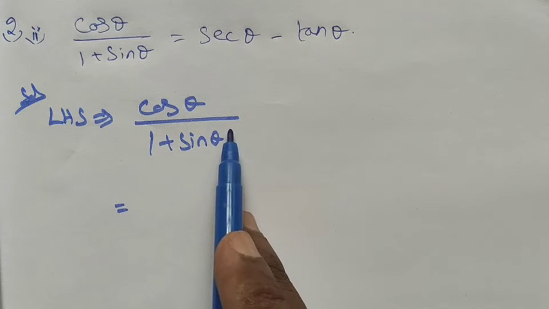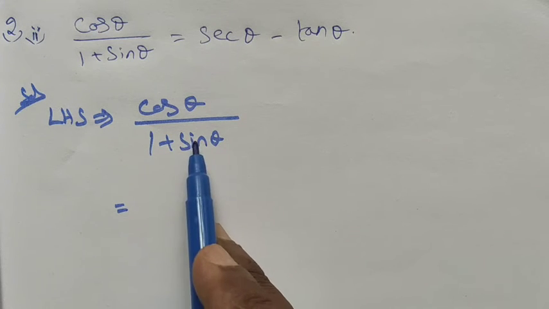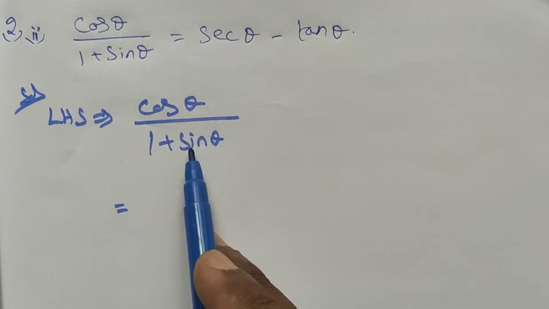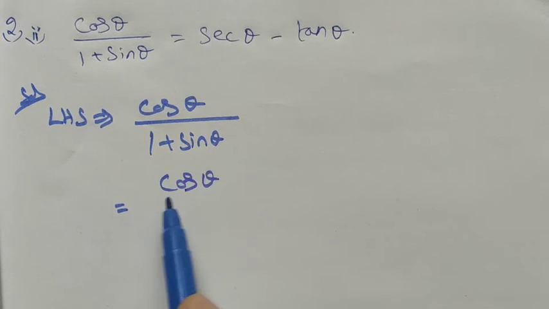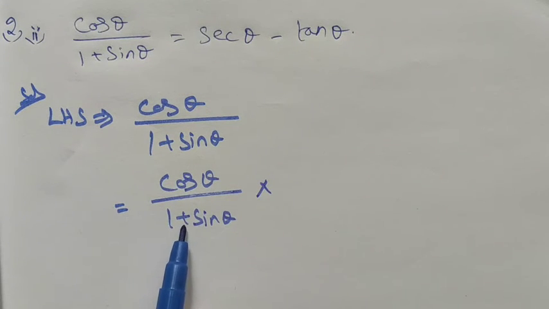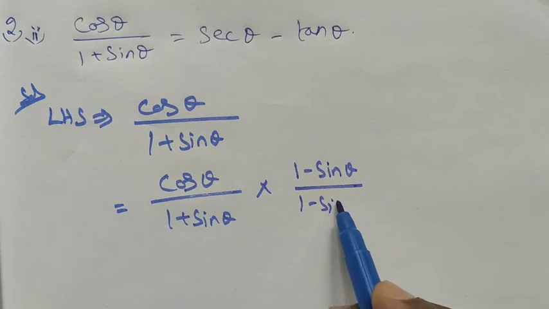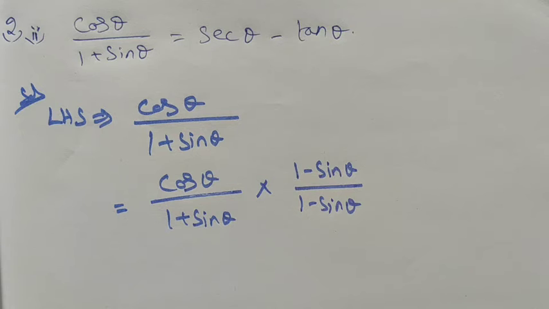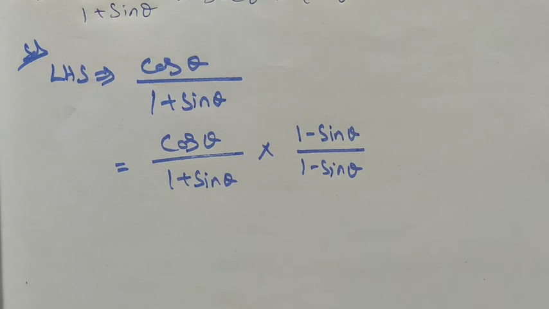If the denominator term is like 1 plus sin theta, or 1 minus sin theta, or 1 plus cos theta, or 1 minus cos theta, you have to take the conjugate. Here we have plus, so you have to take it as minus. Conjugate means you multiply and divide by the same term, that is 1 minus sin theta divided by 1 minus sin theta.